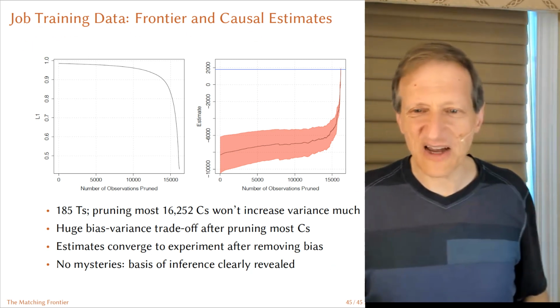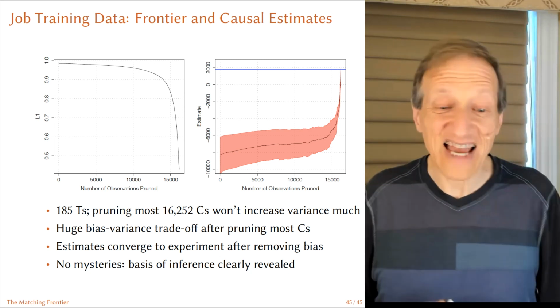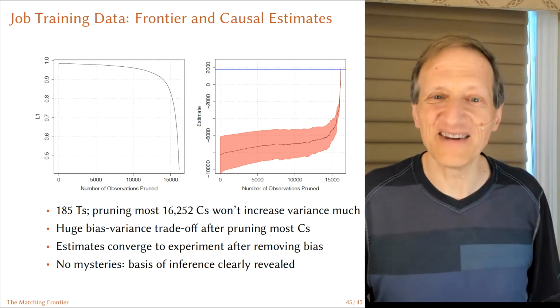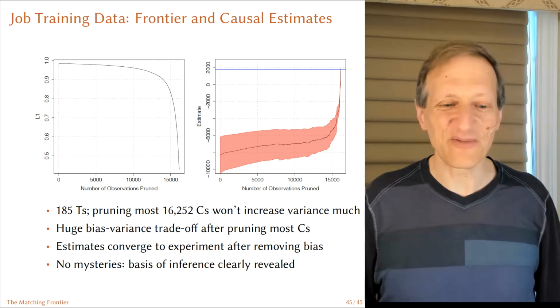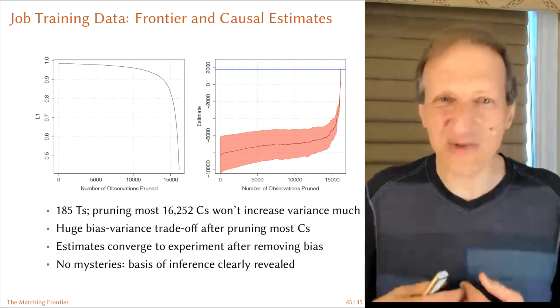It's from Lalonde, who in 1986 published a really cool paper in economics where he worried about what we would call model dependence.